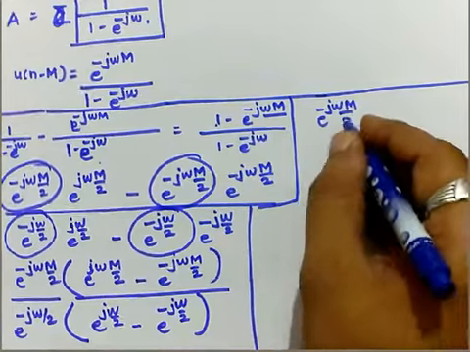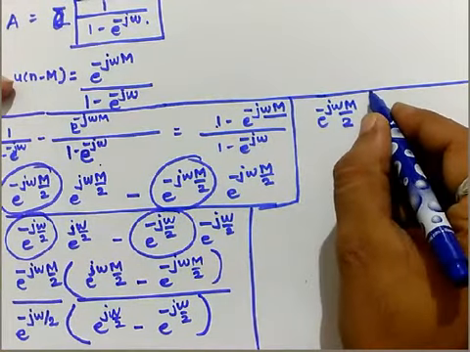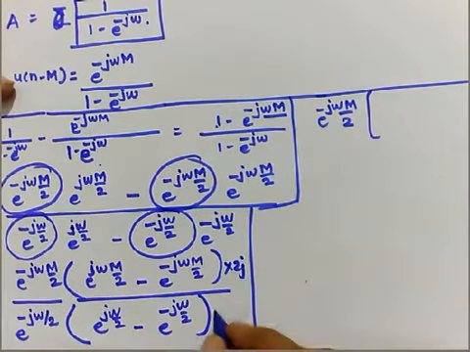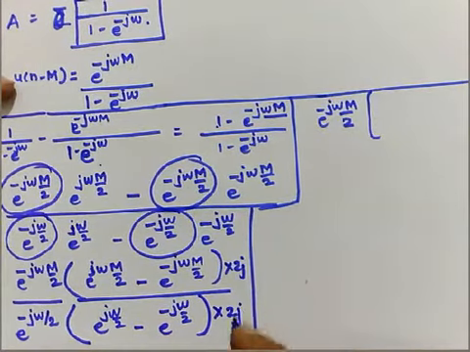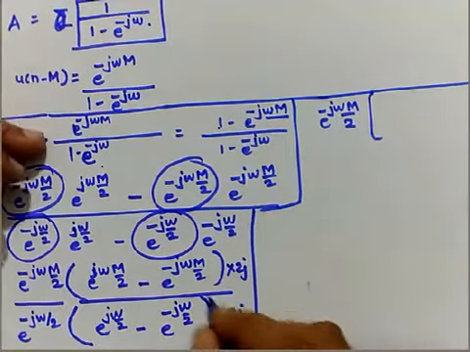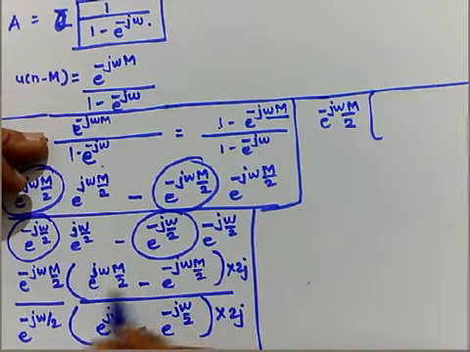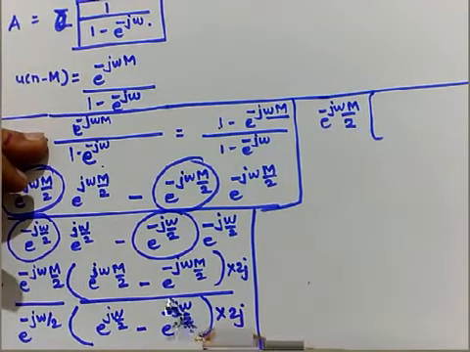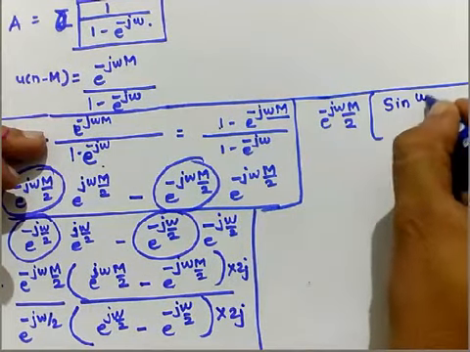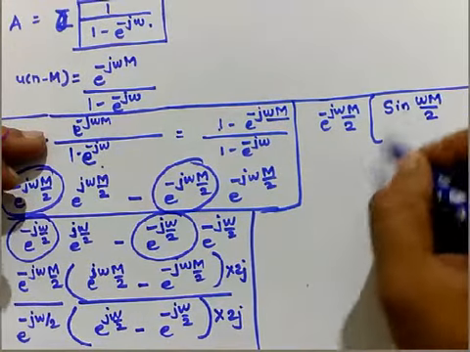So it will be reflected like 2j. So let me write it here. This will be multiplied by 2j. Again at the denominator, the same practice is done. So 2j cancels, meaning will not be lost. So 2j into this is nothing but actually what? Sin theta. So here sine of omega m by 2, that is the value we will replace.